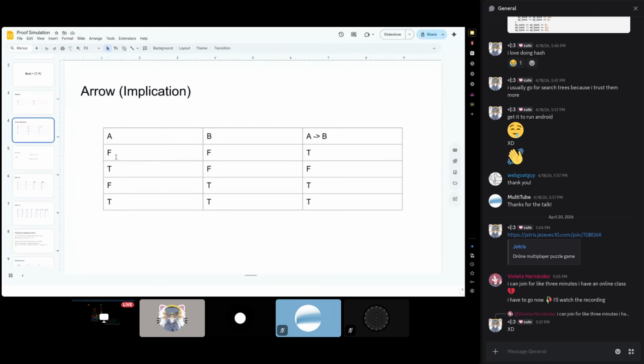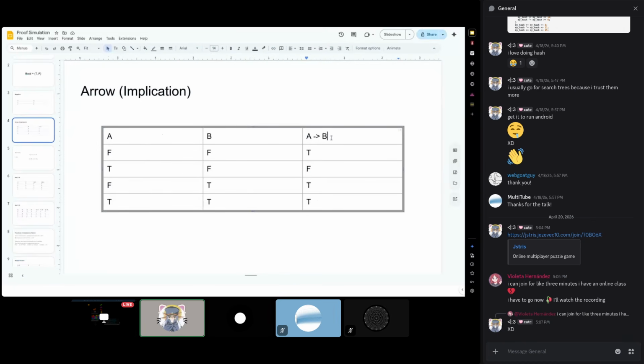If A is false and B is false, that doesn't break our assumption that if A is true, then B is true, so that's also true. Actually, the only case where A implies B is false is if A is true and B is false, because that contradicts our definition of implication.